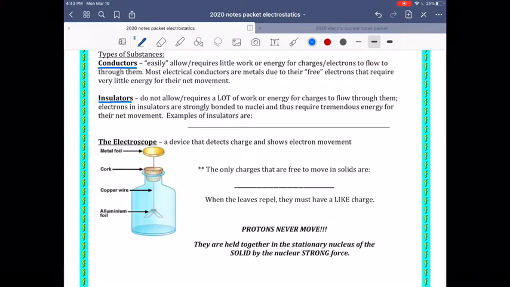They do not allow charges to easily flow through them. Insulators that are really good are things like rubber, plastic, glass. They are good insulating materials, where metals are great conductors.